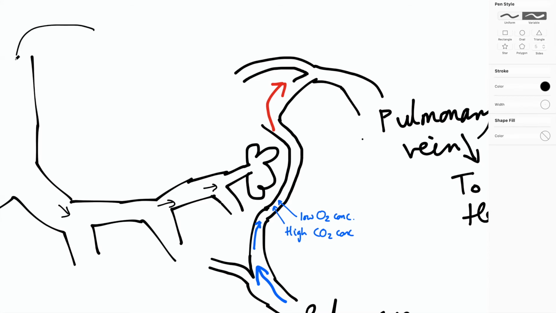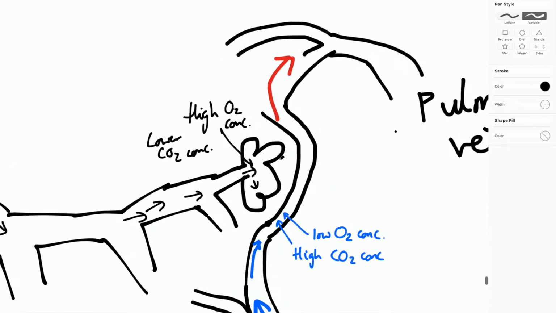So it's been inhaled through the trachea, through the bronchioles, and into the alveolus. The air from the atmosphere has a high oxygen concentration, and relative to the blood, it has a lower CO2 concentration. So we have established a concentration gradient.